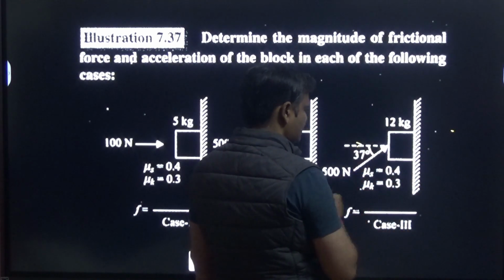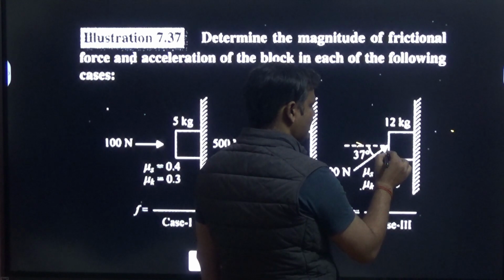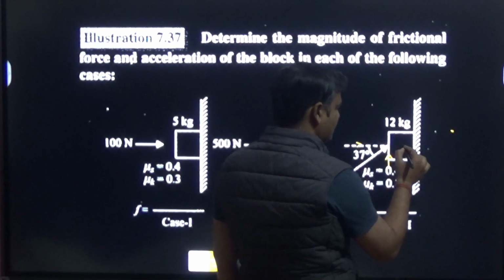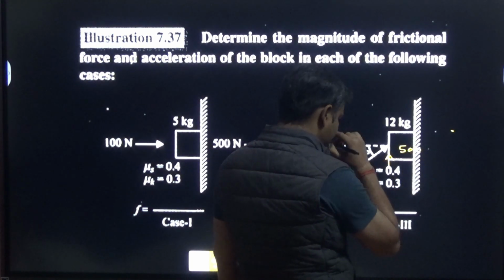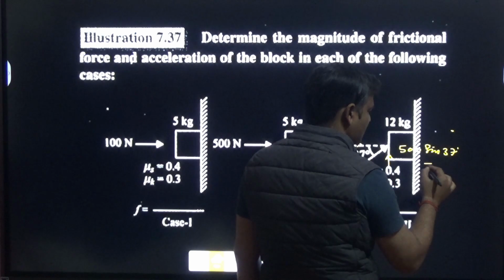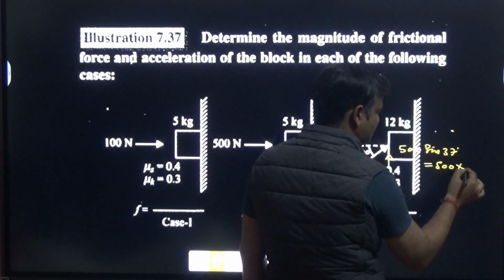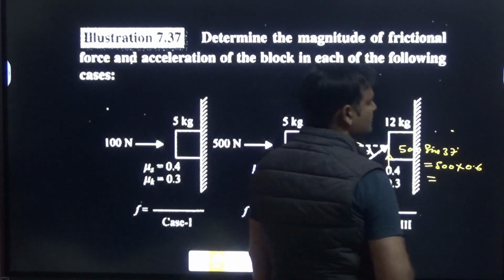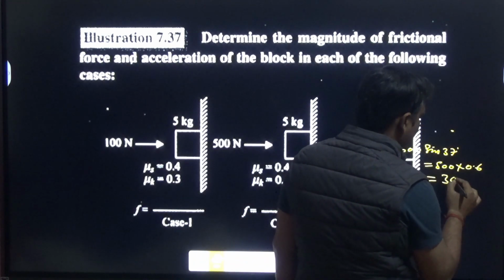In this direction 500 sine 37. 500, sin 37 means 0.6, so that is 300 Newton.